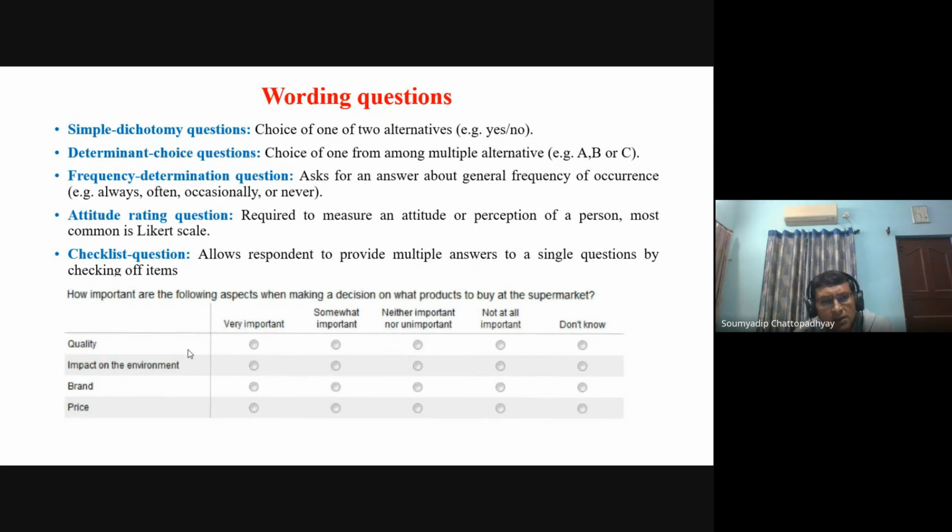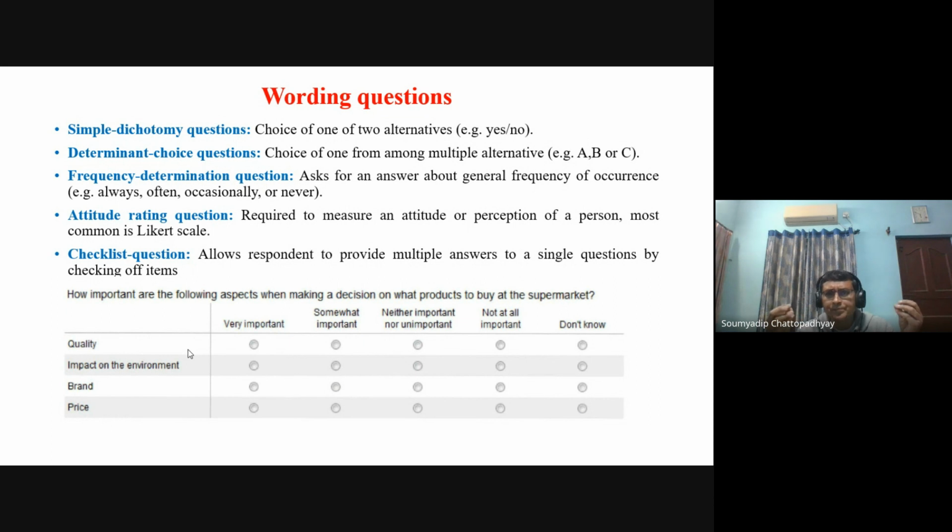Also, there may be certain questions which are related to attitude rating. Now these are very much prevalent nowadays in different satisfaction related issues. For example, suppose as a researcher you are undertaking a satisfaction survey, and you want to know whether the people of your locality are satisfied with the supply of any particular public service, for example transport facilities, or not.